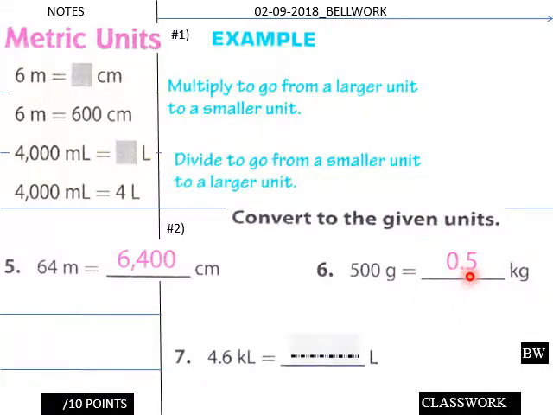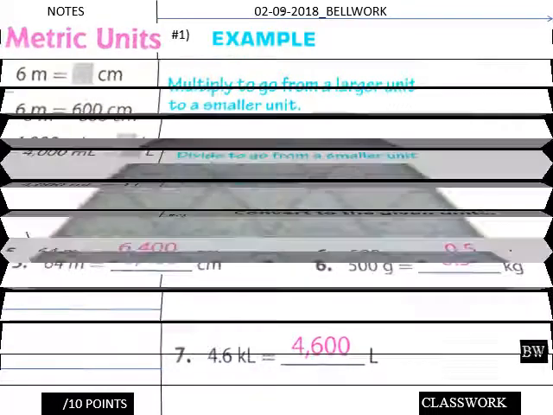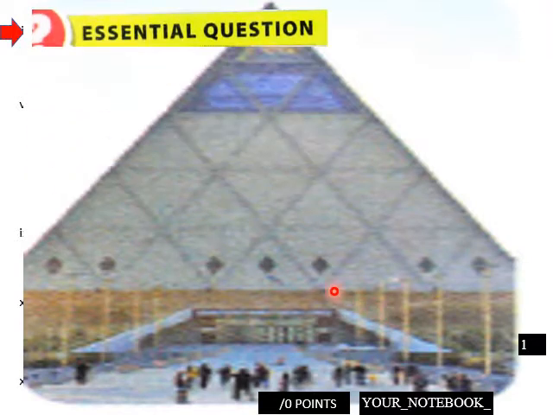It would be 0.5 kilograms would be 500 grams. And then down here, 4.6 kiloliters would be how many liters? It would be 4,600 liters in 4.6 kiloliters. So there's your conversion. Onward into our lesson today.